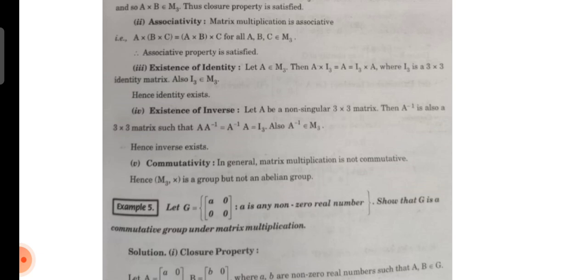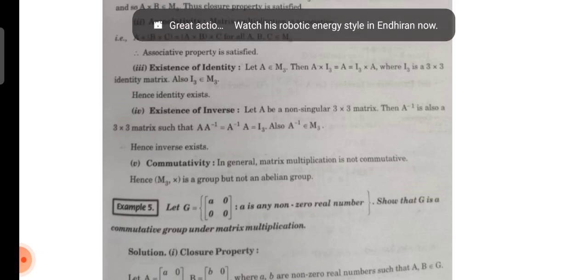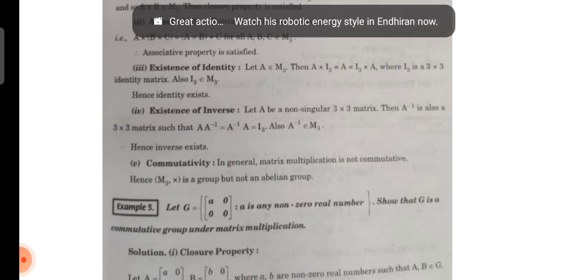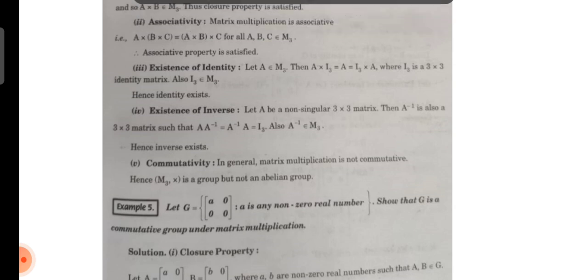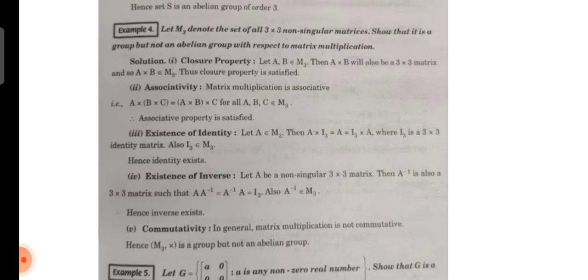That means AB is not equal to BA in all the cases, and when we are proving something, we need to take all the cases. So we have proved our 4 properties, which proves that M3 is a group, but it doesn't satisfy the commutative law, so it is not an abelian group with respect to matrix multiplication.